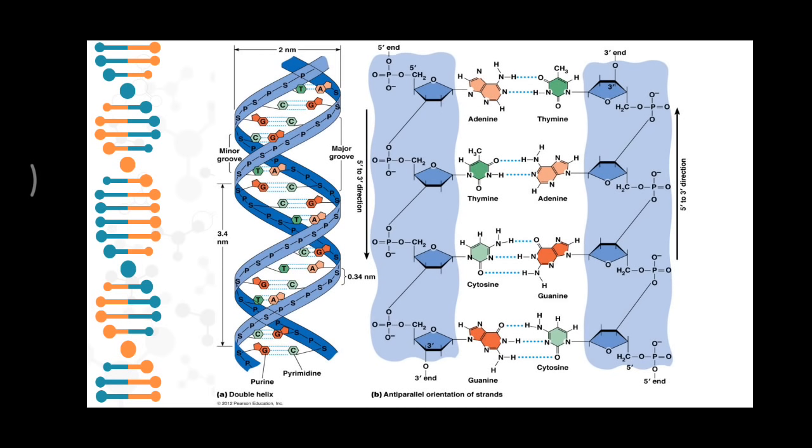So we can see all the molecular structures over here, the ribose sugar, the phosphate group, the nucleoside, where the adenine hydrogen bonds with thymine, and the cytosine with triple bonds with guanine.